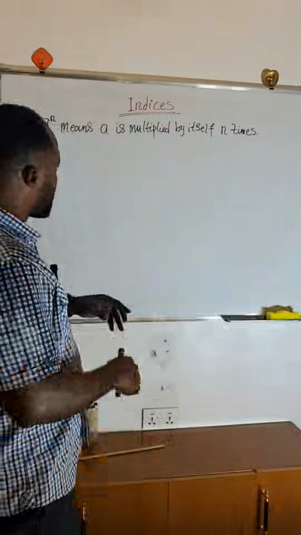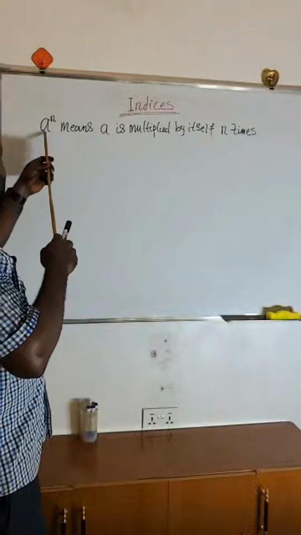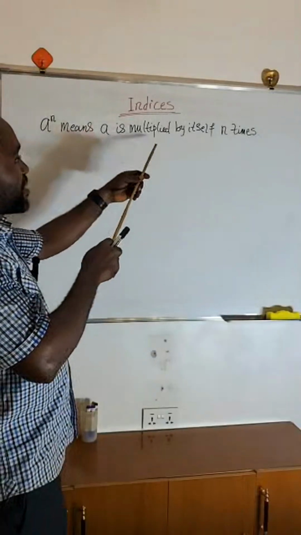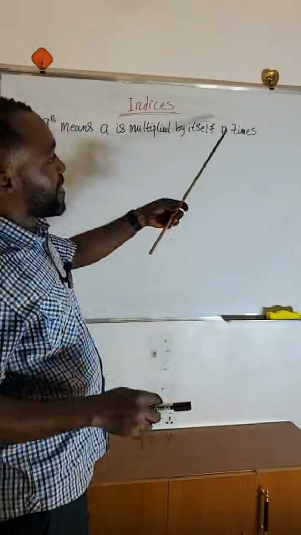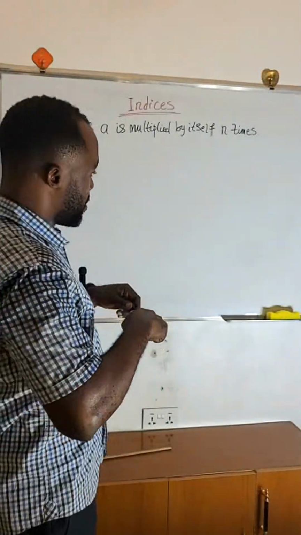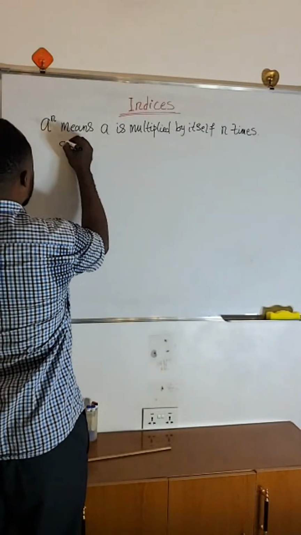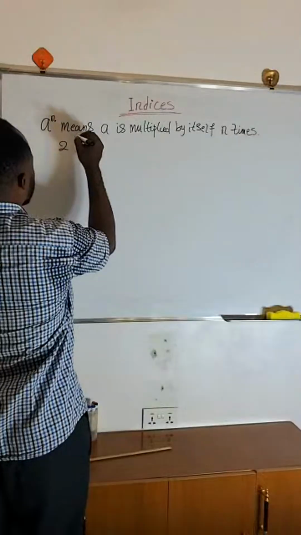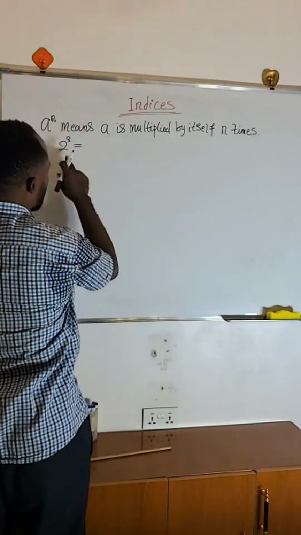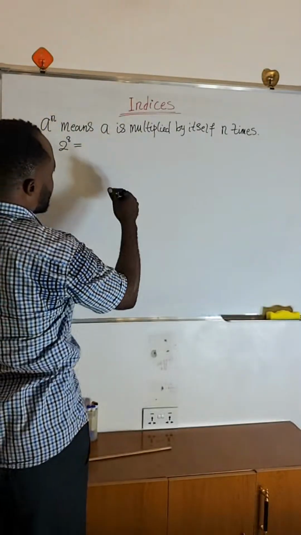All right. You are told here that a raised to the power of n means a is multiplied by itself n times. So that if you have 2 raised to the power of maybe 8, it simply means that 2 is going to multiply by itself 8 times.